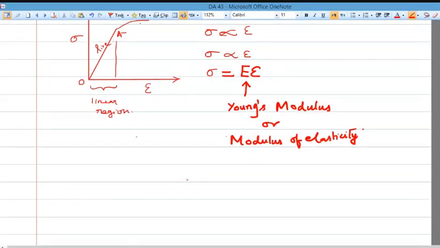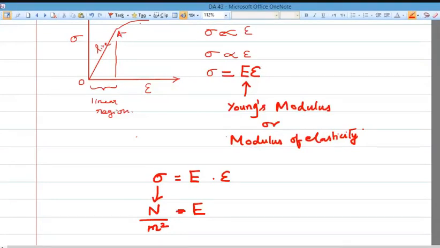Now we have to arrive at the dimensions or the unit of Young's modulus. Stress is equal to the product of Young's modulus and strain. What is the unit of stress? Stress is given by force by area. Force is Newton and the area is meter square, so the stress unit is Newton per meter square.